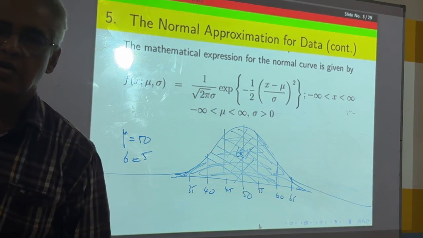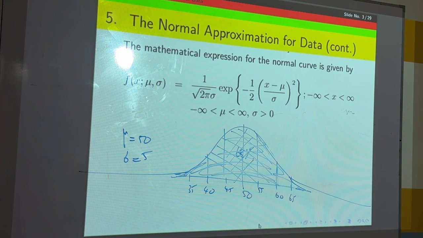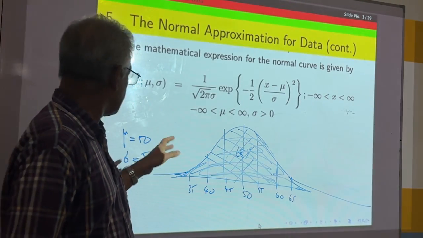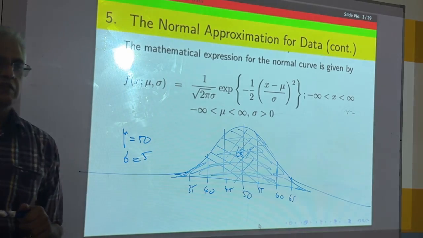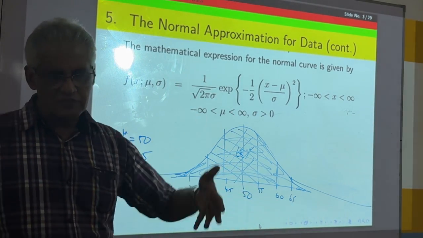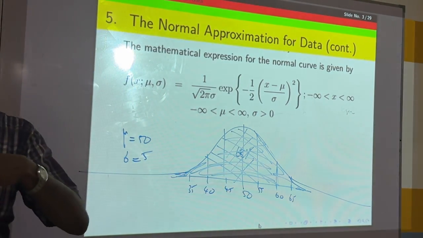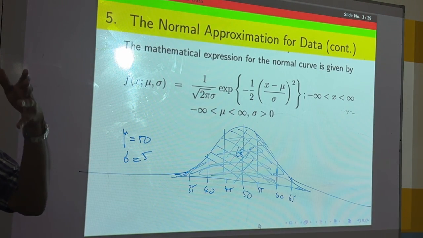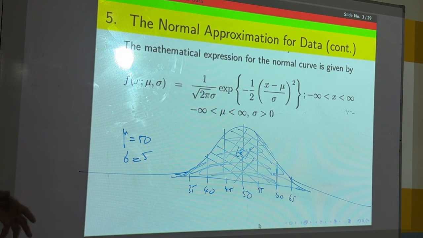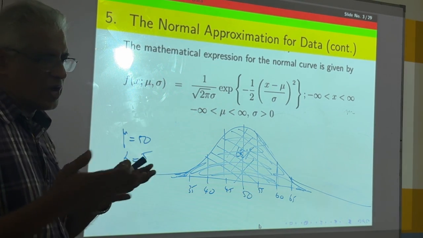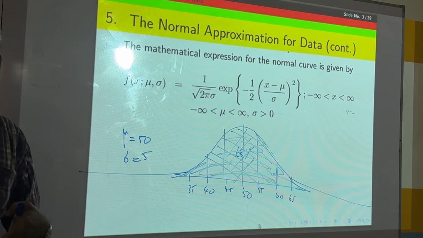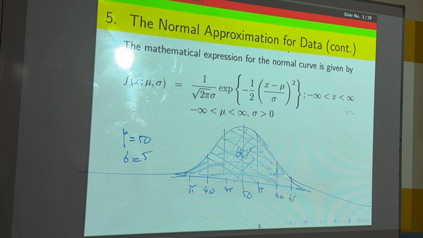There can be millions of normal distributions, depending on what the mean and standard deviation are. In a given situation, if your data looks roughly bell-shaped, you can find the most suitable normal model for your data. You have to choose a suitable mu value and a suitable sigma value.